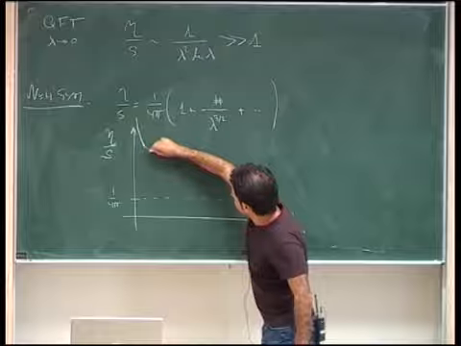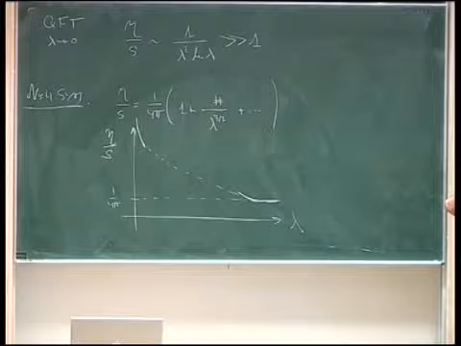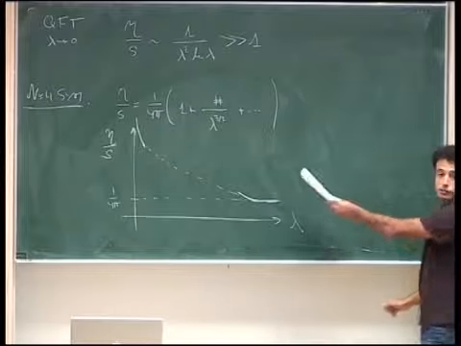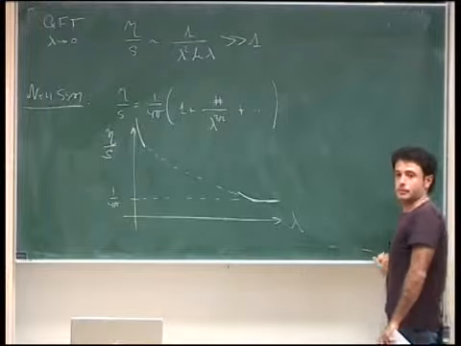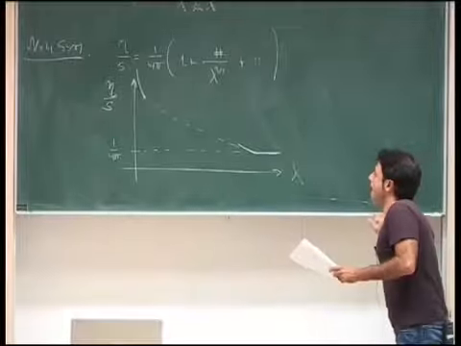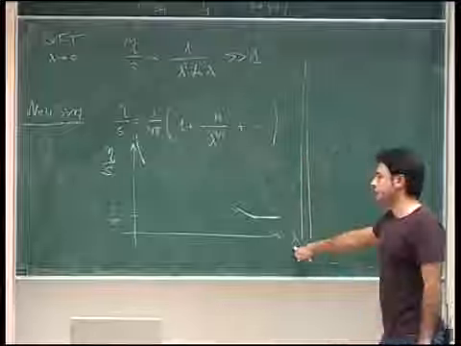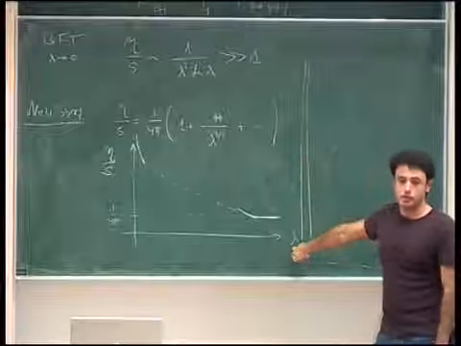And so the simplest possibility is that this is a monotonically decreasing function of the coupling that saturates at 1 over 4 pi at infinite coupling. Moreover, so this is concerning 1 over lambda corrections.